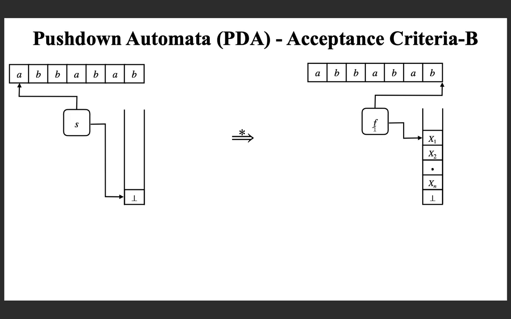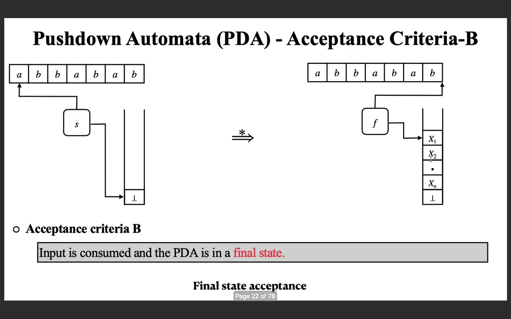In that case, the stack content is immaterial. That is not considered for this criterion. So this is the final state acceptance, very similar to a finite state automaton. When you finish reading your input, if you are in a final state, the input is accepted regardless of what content is there on the stack.